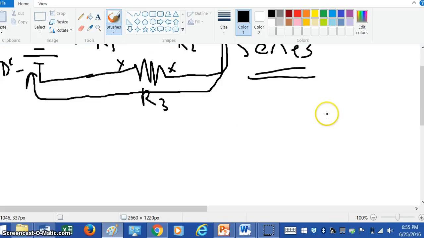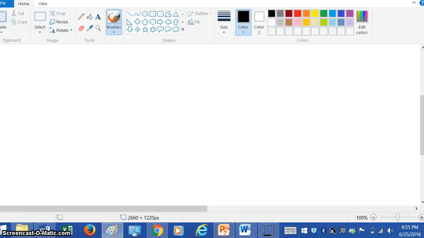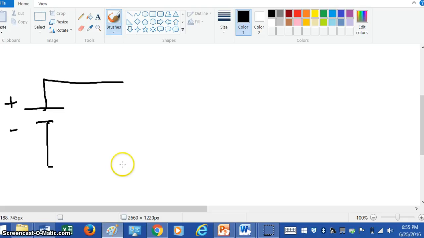Okay, the parallel circuit looks a little different, and we can have a battery again, just a plain old battery. I'm just going to draw two of these. So this is the positive side. Again, you don't normally draw that. So this is a battery, and here is our first electrical device.